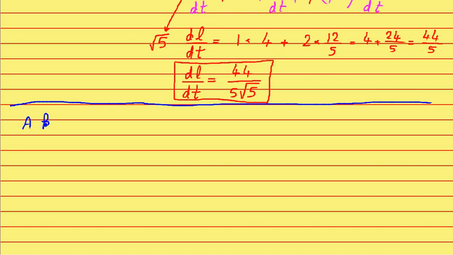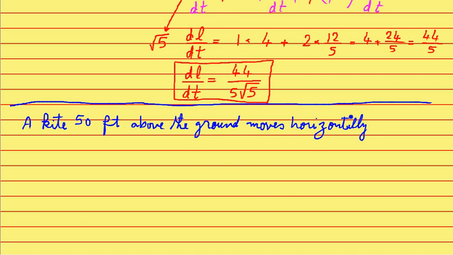A kite, say 50 feet above the ground, moves horizontally at a speed of, say, 7 feet per second.